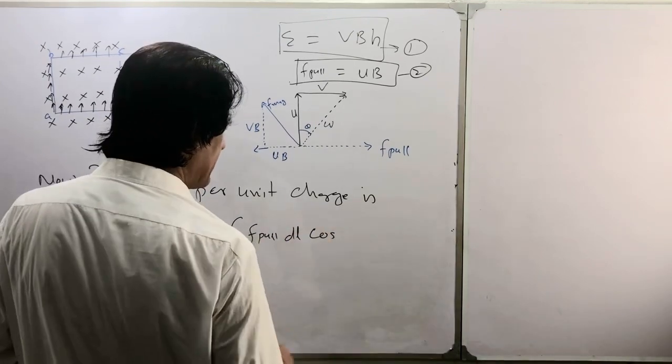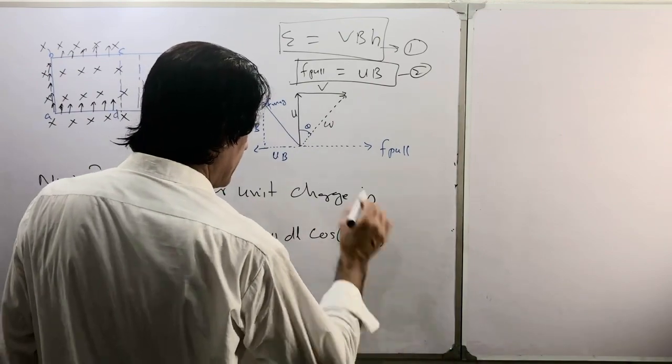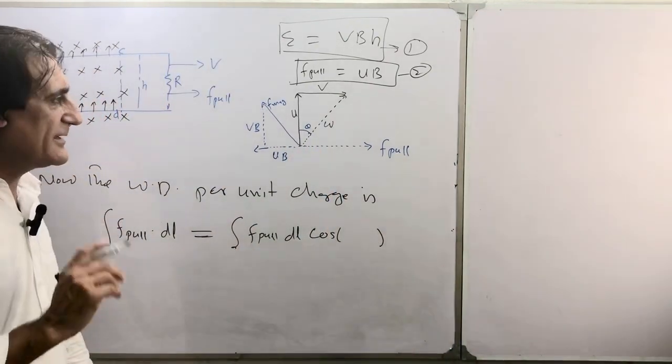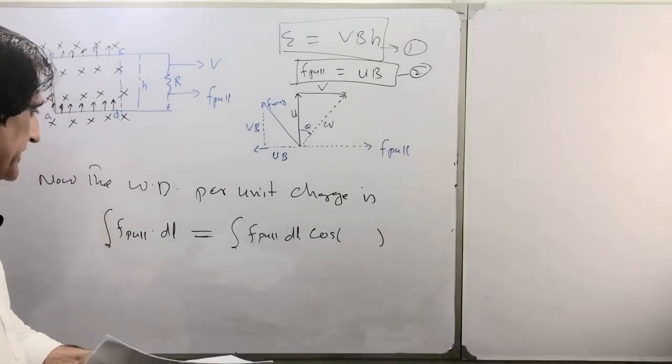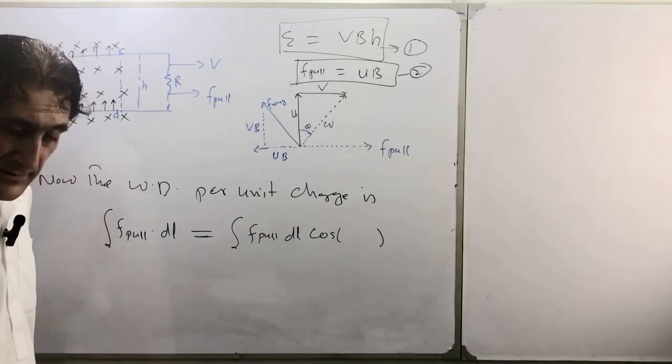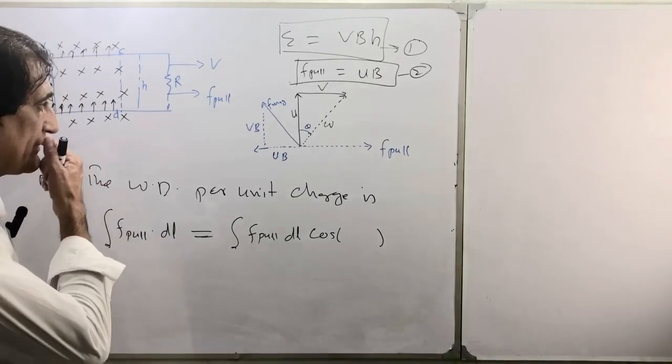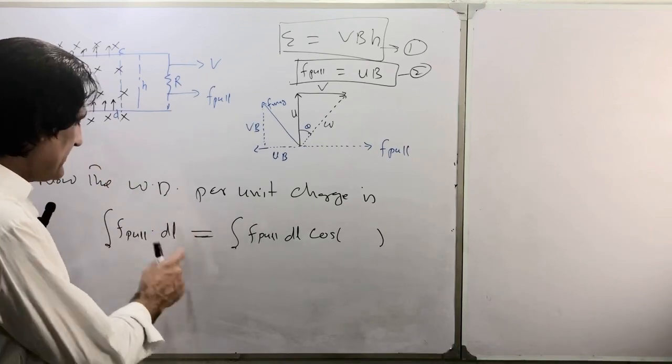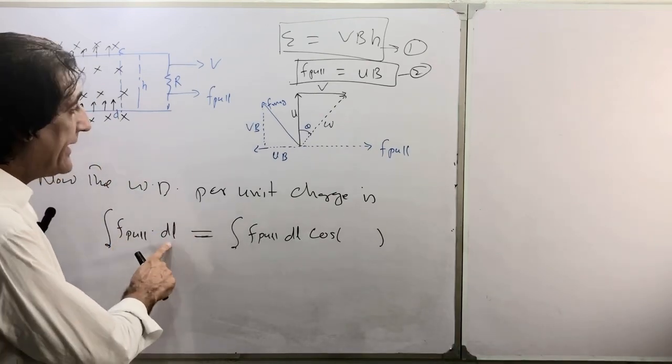cos of theta. So this is an important point, because what is the angle between F pull and DL?